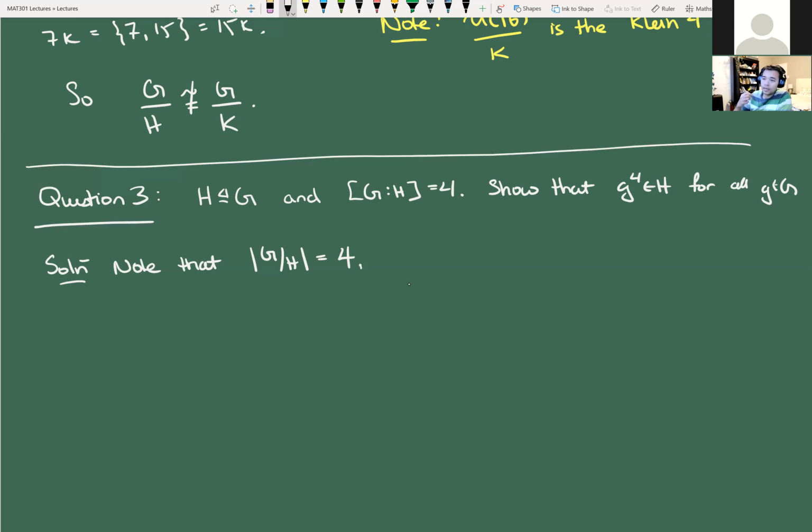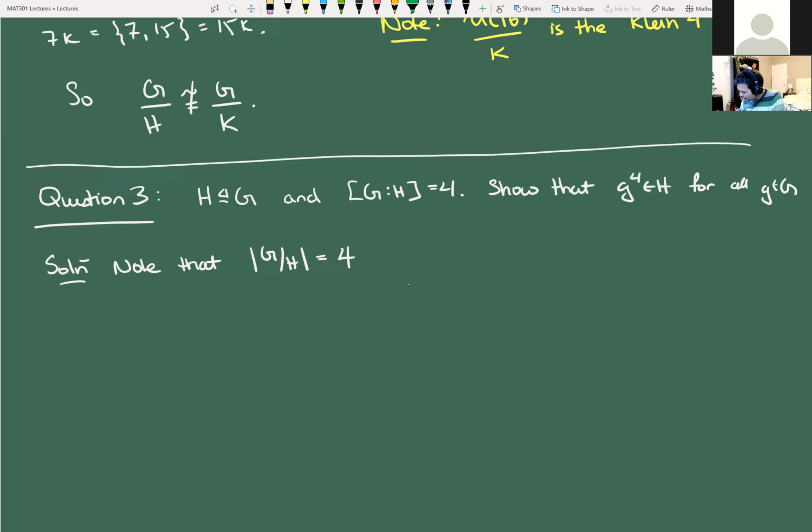And we also know that if you raise any element of the group to the order of the group, you get the identity, right? That was something that we had talked about when we proved Lagrange's theorem. We said as a corollary, if you raise any element to the order of the group, then you get the identity back.